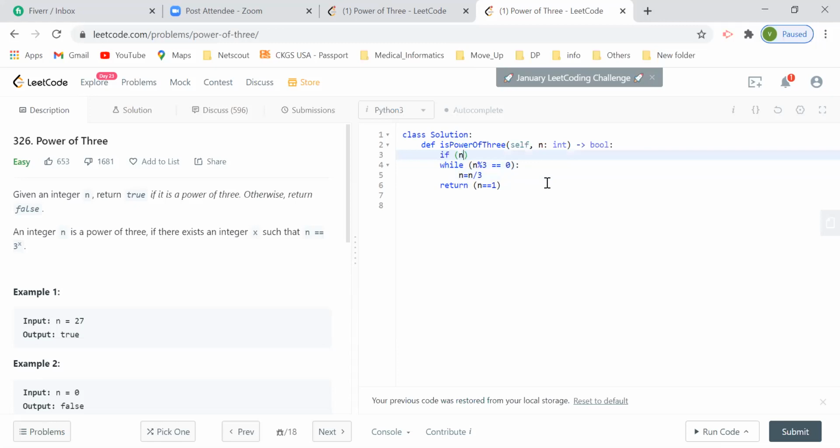If n divided by 3 is not equal to 0 the first time itself, then return false. Return it initially itself. Okay, so that's all, right? If it is not divisible by 3, then you try to find out if they have any other factor, right?